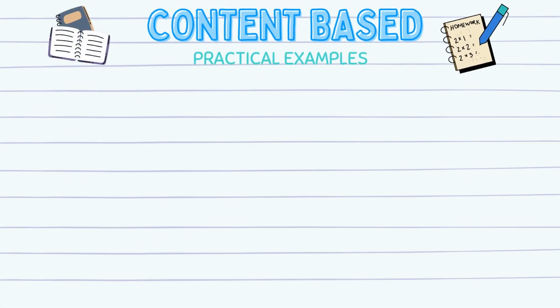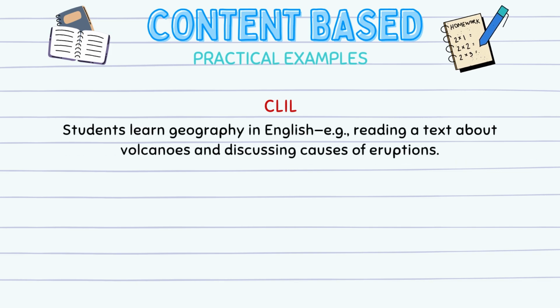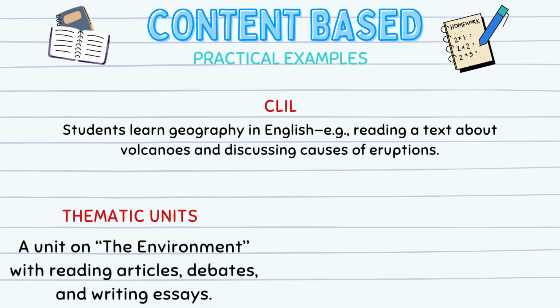Now, what about its practical examples? Well, the first one, and one of the most popular ones, is called CLIL, which stands for Content and Language Integrated Learning. Here, students learn geography, for example, in English, by reading a text about volcanoes and discussing causes of eruptions. The second one is thematic units.